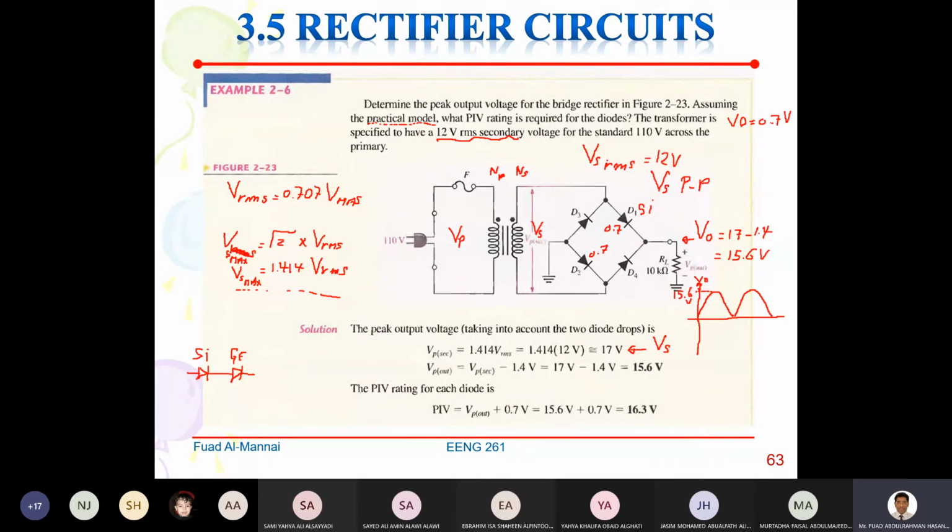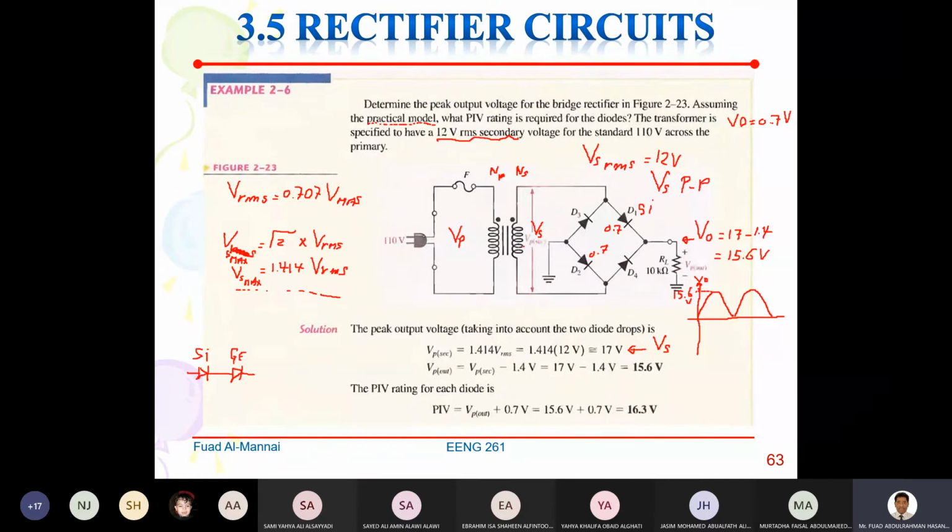So for the transformer, he doesn't want you to bother with the turns ratios, and says don't worry about it.